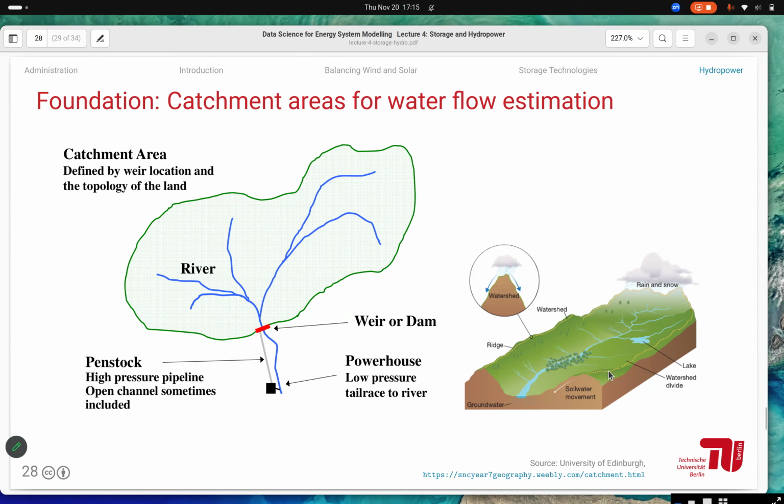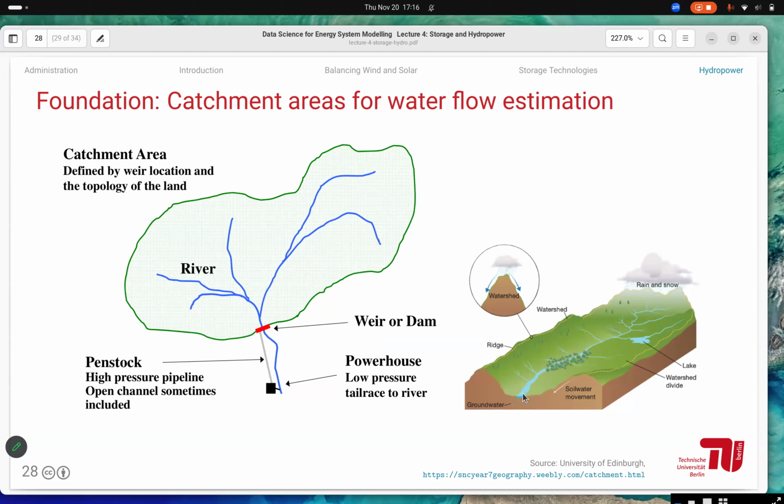Because if you were right of the ridge, the water would go into another valley. And if you're left of that, the water would go to the left, and then through different paths, through smaller parts of the river, it will end up in this location where we're considering the power plant.